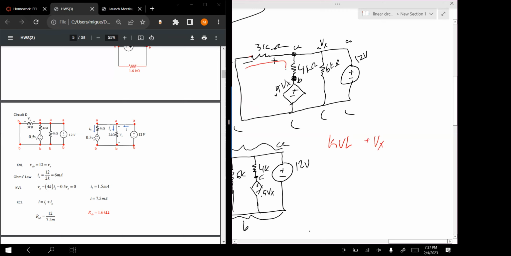Then we're going to go down here. We're going to assume the signs here, positive, negative like this, so we keep it in the right flow. So this is going to be minus 4 kilo ohms times IY like we had earlier, and then minus 0.5 VX, and that's going to equal 0.